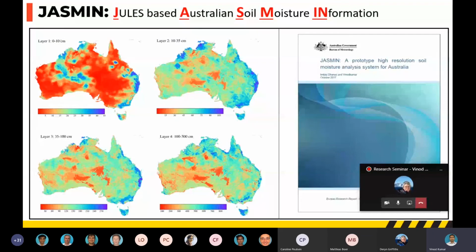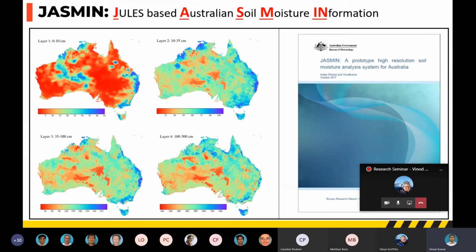This system we call Jasmine, short for the Joules-based Australian Soil Moisture Information. Joules is the land surface model we use here in the Bureau for our weather prediction and seasonal prediction. There's a capability to run Joules offline, driven by observation-based inputs, and among the many variables that Joules estimates, soil moisture is one of them.